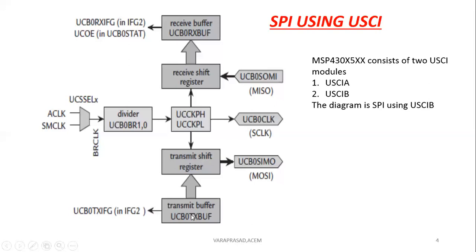That received data is sent into the transmit shift register. This transmit shift register transmits the data to the slave by using master out, slave in.